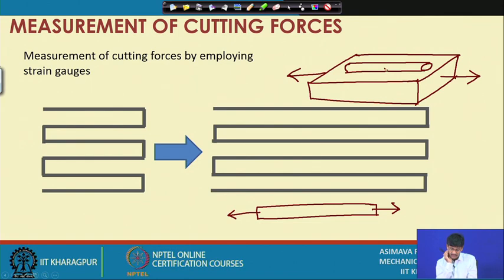Together with that, it will undergo some change in the lateral direction also. But what do we achieve from that? If it is undergoing a change in length, if it is increasing in length due to tensile forces, and if its diameter is decreasing, and I measure its resistance, or the current flowing through it, I will definitely be able to register a change.